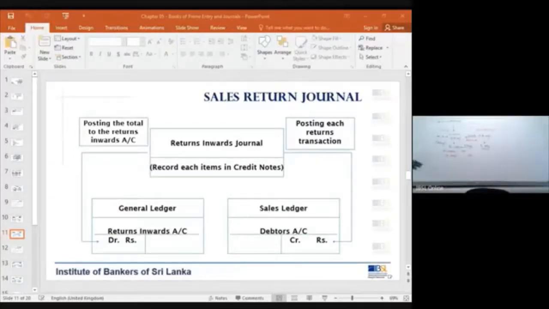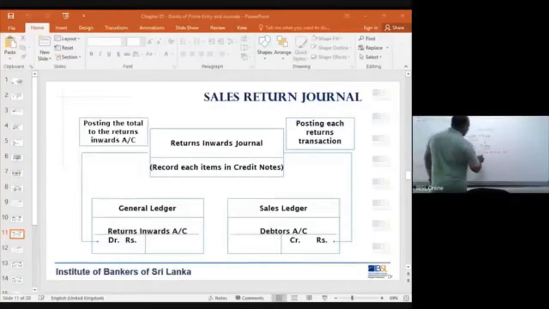So we don't do accounting for the sale and the sales return in the same way by going and reducing these amounts. No, we don't do it. Instead, we will debit an account called sales return, and that will get debited by 450.